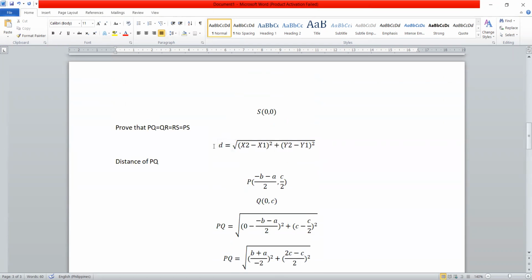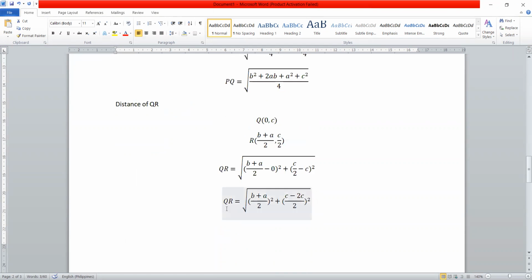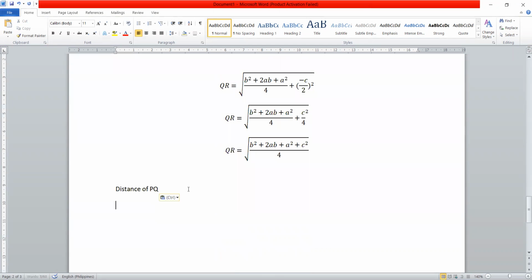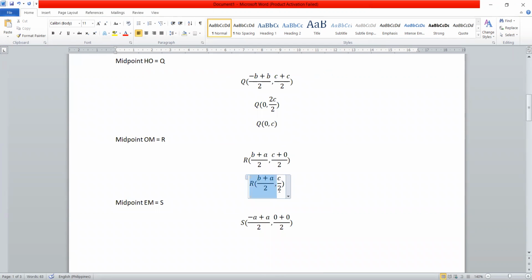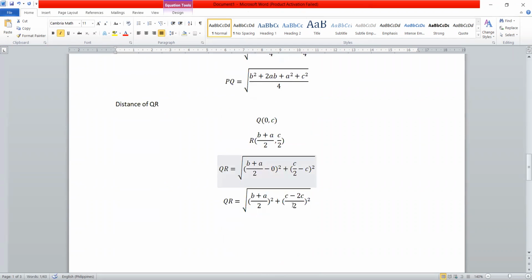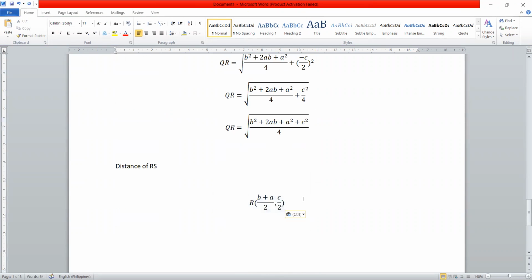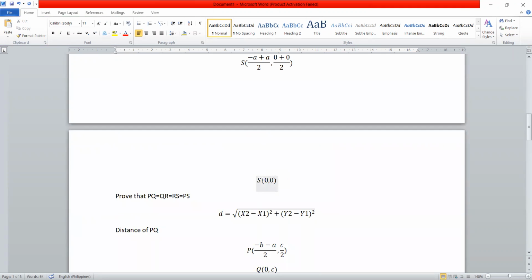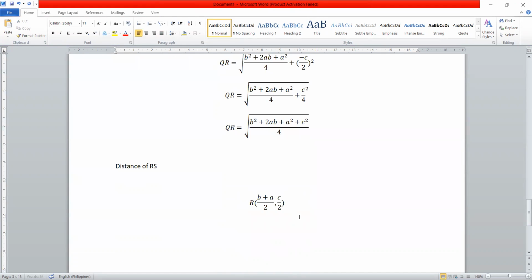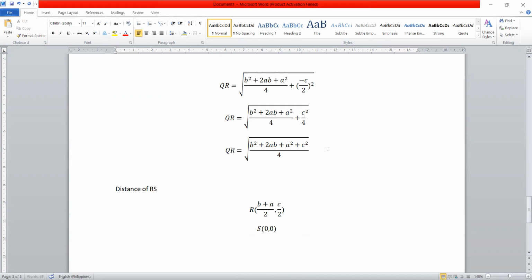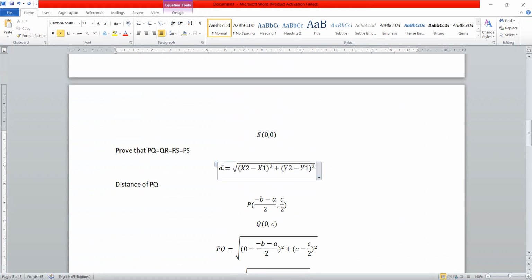Next, we'll have to solve for the distance of RS. So for the distance of RS, we need to get your point R and your point S. So point R and then point S. And your distance formula again.